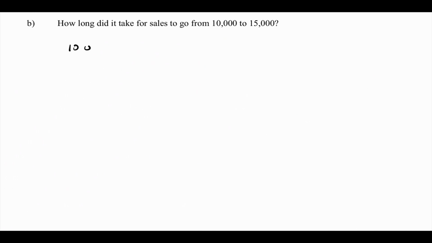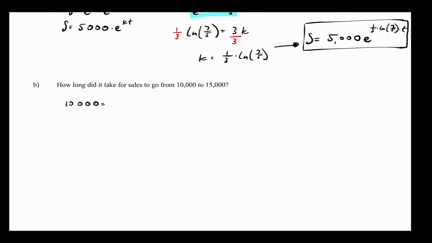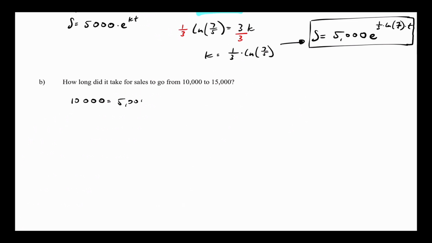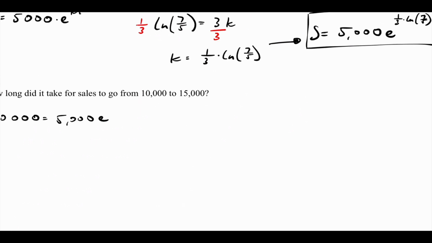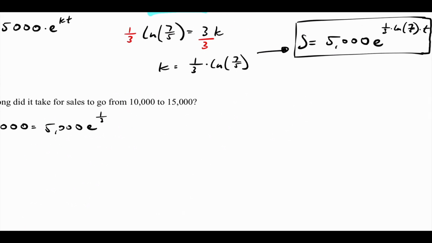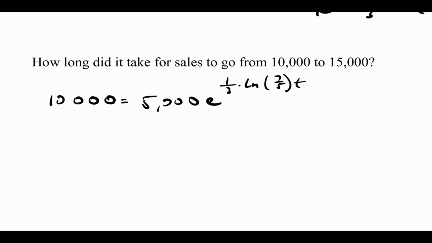So 10,000 equals 5,000 e to the 1/3 times natural log of 7/5 t. Right? Solve for t.